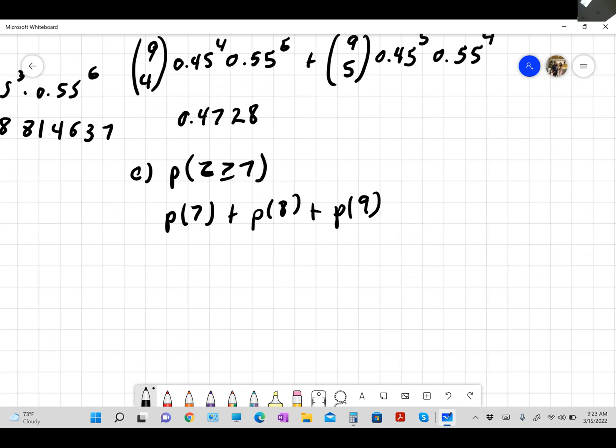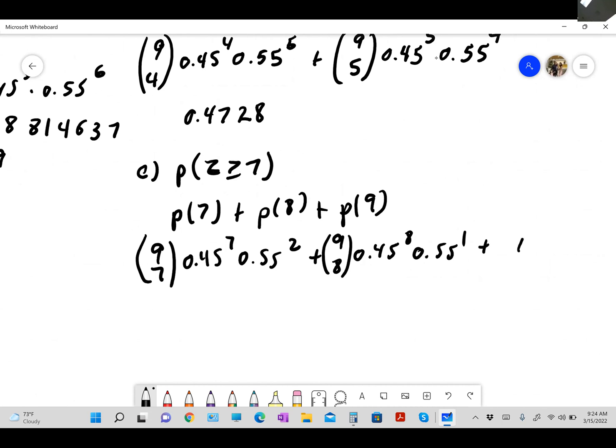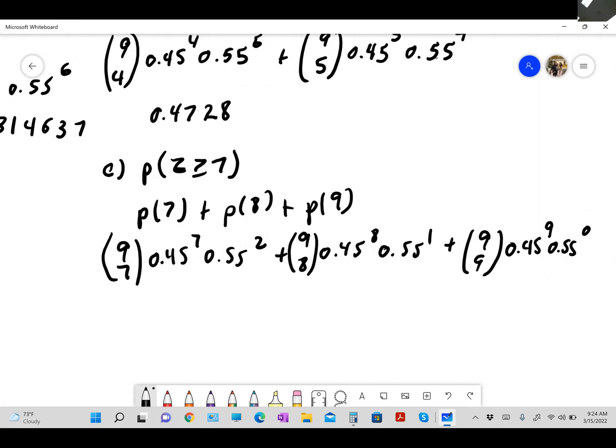So essentially you have 9 choose 7, 0.45 to the 7, 0.55 to the second, plus 9 choose 8, 0.45 to the 8, 0.55 to the first, and then you have 9 choose 9. And you can get the numbers for that. Make sure you're ready for the next test. And that's it.